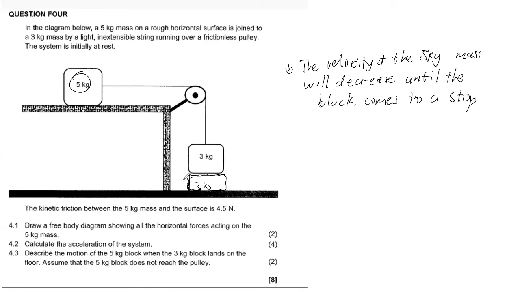So when this is now rested here, we will experience the 5 kg block going slower and slower up until a point where maybe it stops here. Remember, they said assume that it does not reach the pulley. So it does not reach the pulley because it's no longer experiencing that pulling force. So this is the 5 kg block being at rest at this point.